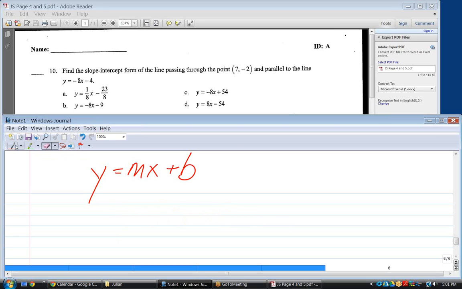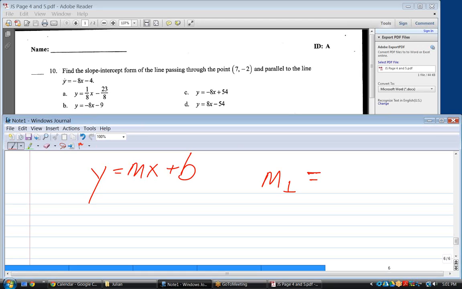What is m? What is the slope of our new line? What is the slope of our line going to be? So because it's parallel to this line.